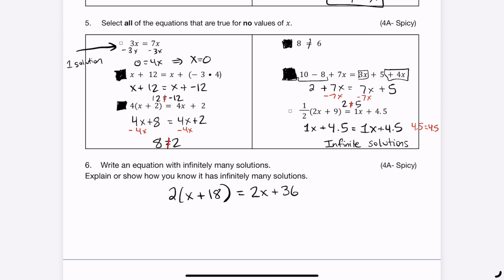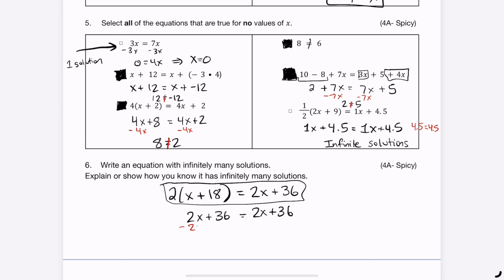So it has infinitely many solutions, and they say explain or show how you know. So then I can show that this equals 2x plus 36. So I have 2x plus 36 equals 2x plus 36. I have equivalent expressions on both sides, and I could do another step further, and I could get 36 equals 36, right?